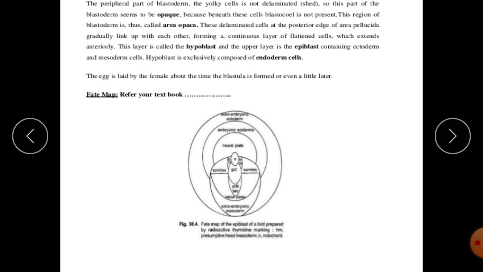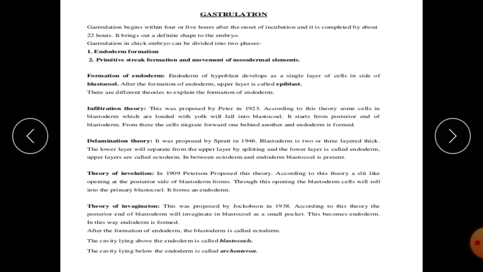The hypoblast is exclusively composed of endodermal cells. This layer is going to develop into the gut. The fate map is not in your syllabus. Next, gastrulation.